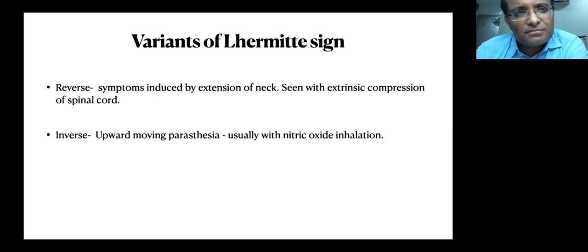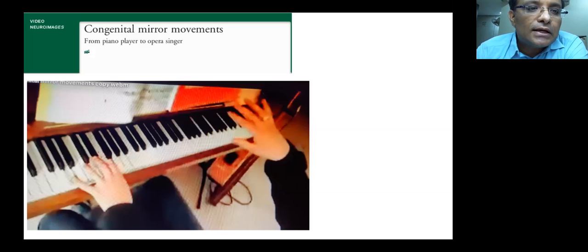So for exam purposes, you can know of these things, because in practicals you may be asked about reverse and inverse signs. So that's it. To conclude, I'll leave you with one very nice video from the Green Journal, where this boy wanted to be a piano player, who was very fond of playing the piano, but because of these unwanted mirror movements, he had to become an opera singer.